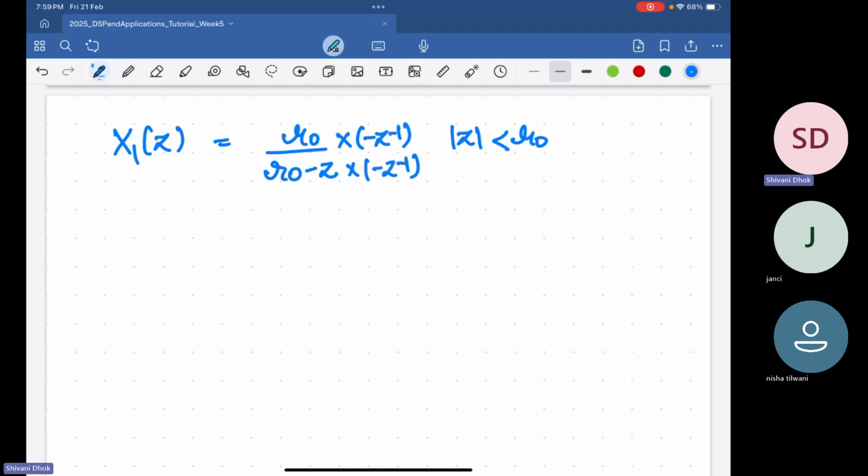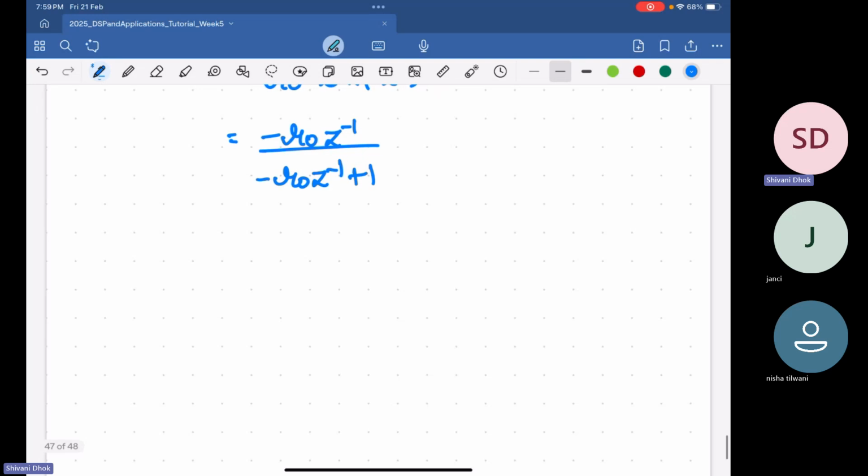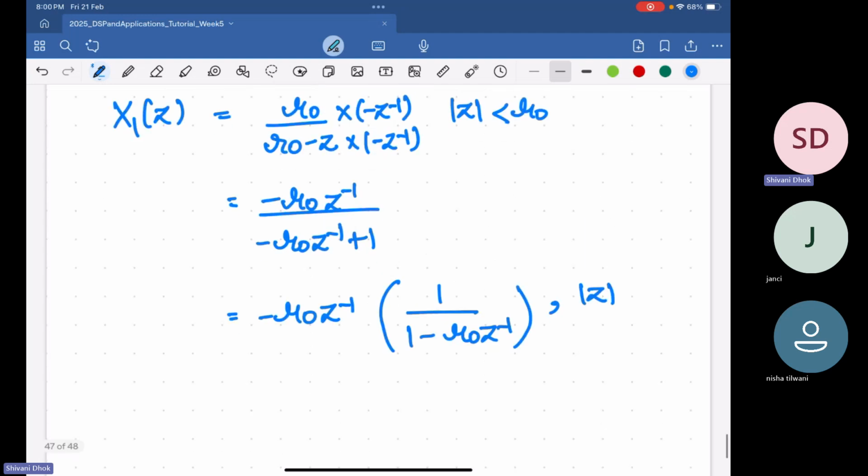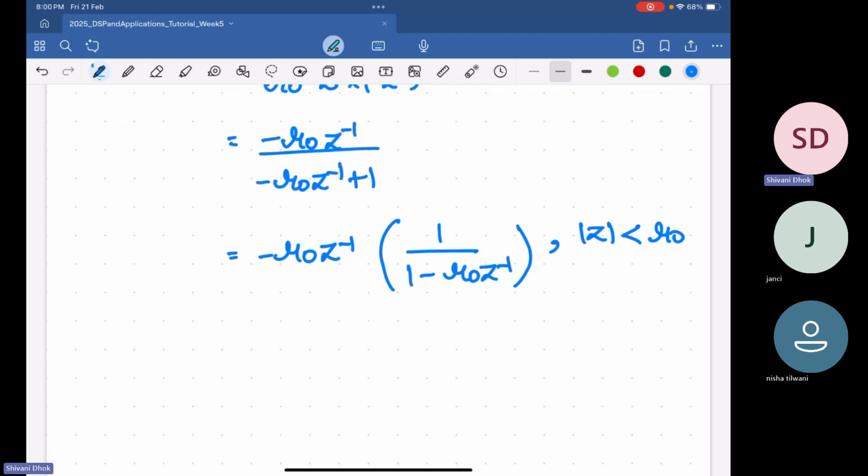So what do we get now? We get R0 into minus z inverse divided by minus R0 z inverse plus 1. So I can write this as minus R0 z inverse multiplied by 1 upon 1 minus R0 z inverse, and magnitude of z is less than R0.